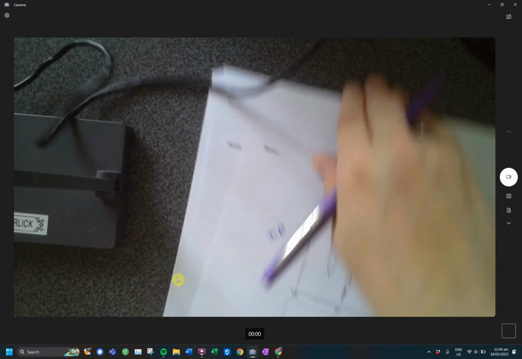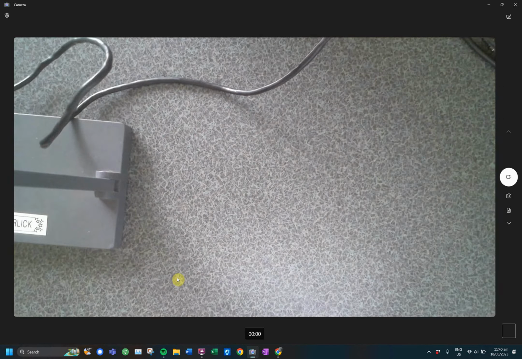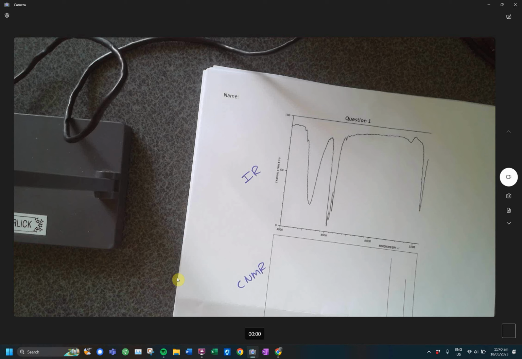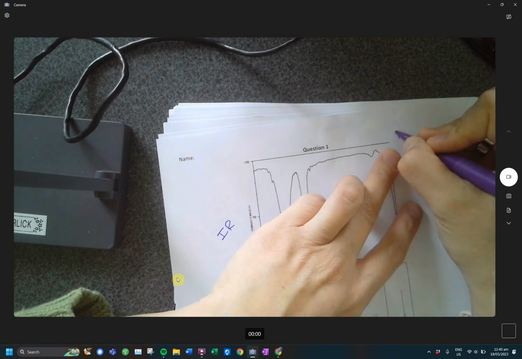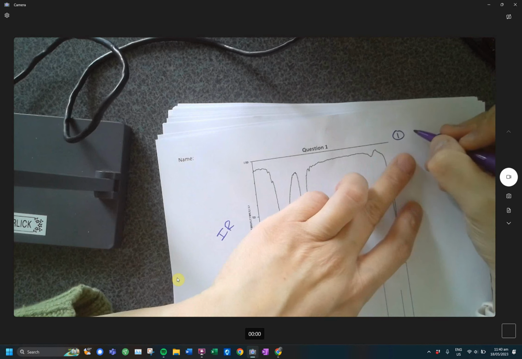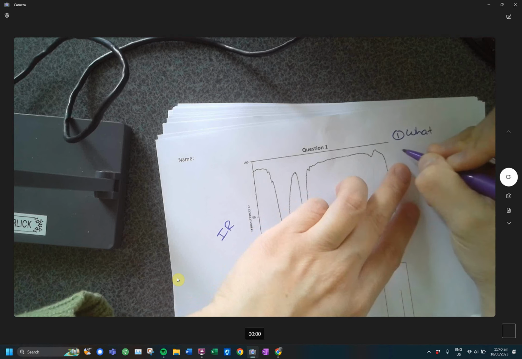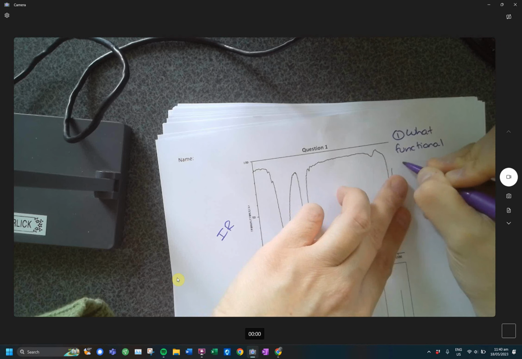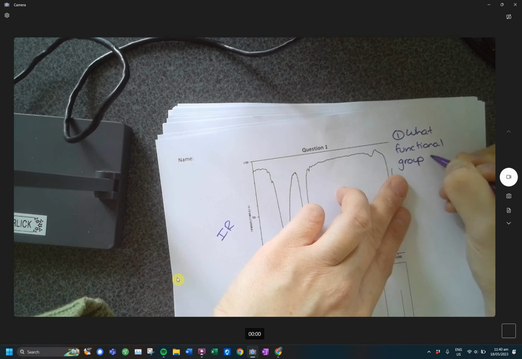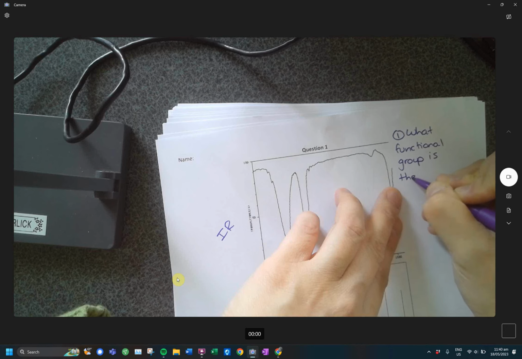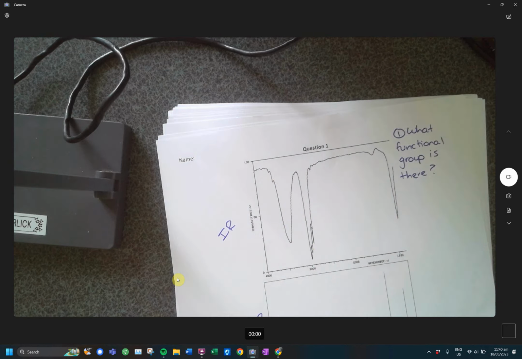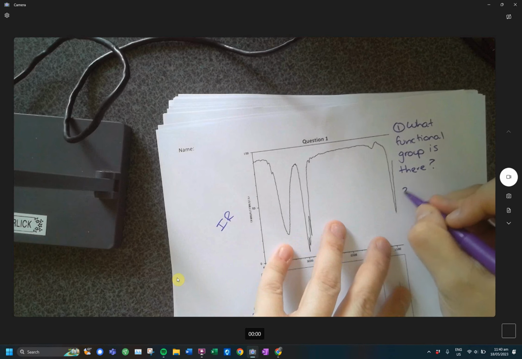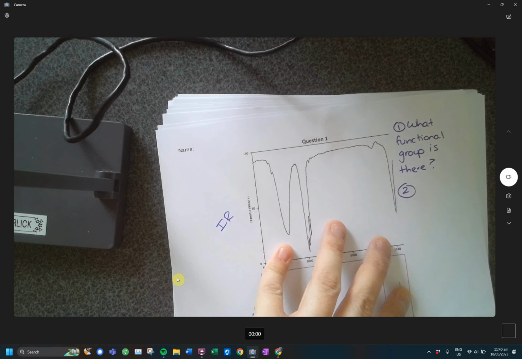All right. Now, when we are looking at these questions to figure out this molecule, there are 2 main things we need to ask ourselves in order to solve the molecule. The first question is, what functional group is there? And the second question is, how many carbons do I have?